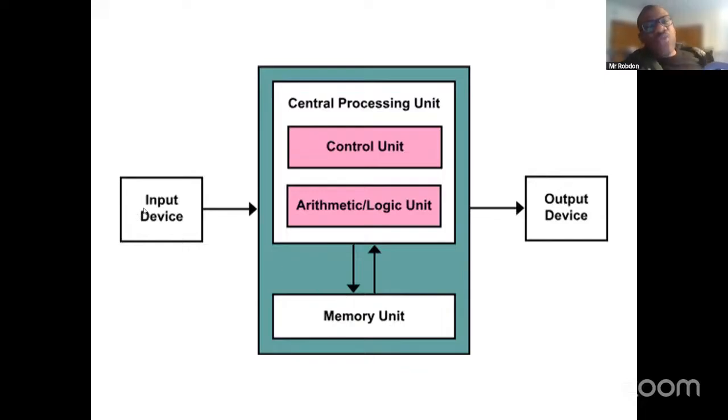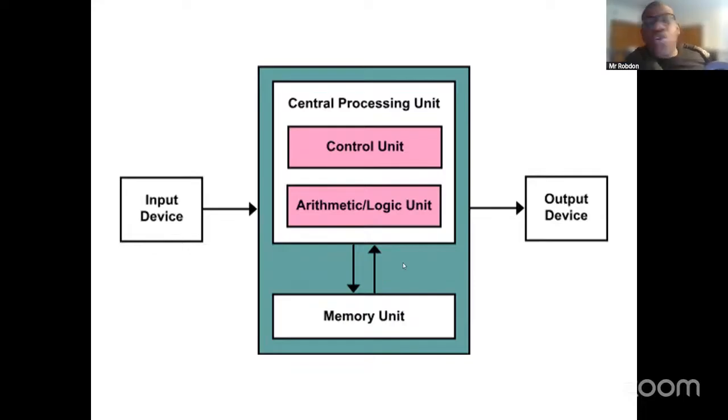So let's take a look here. Here's input coming in from your input device. This is fetched, decoded, and executed. It is either sent to memory or it could also be sent to the output device. For example, if you're typing up a letter, the instruction comes through the keyboard, it is executed, it is temporarily held in memory, but it is also pushed out to the output device.